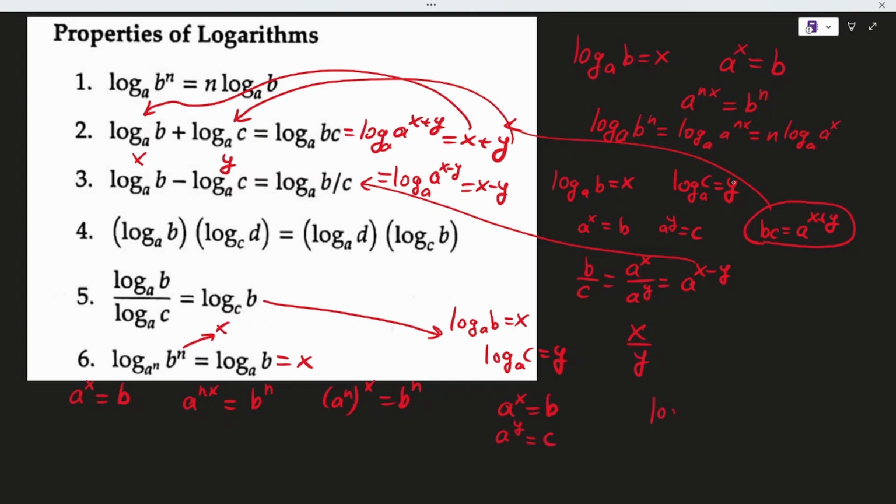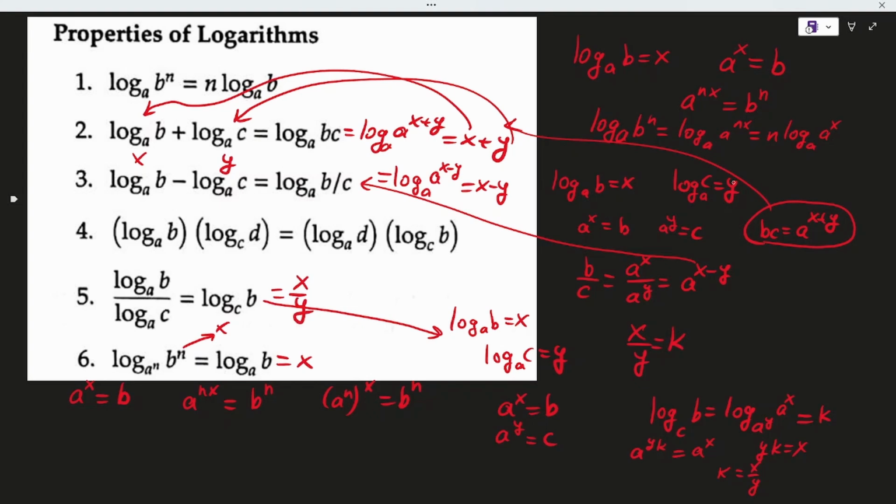And if we want to compute log base c of b, this is equivalent to log base a to the power of y of a to the power of x. If this equals k, this means that a to the yk equals a to the power of x, which clearly means that yk equals x, and k will be x divided by y, and this is exactly what we wanted. It equals k, and so this is also x over y.